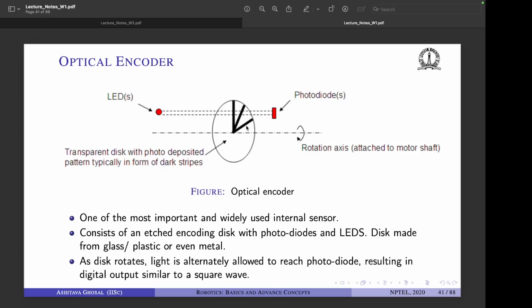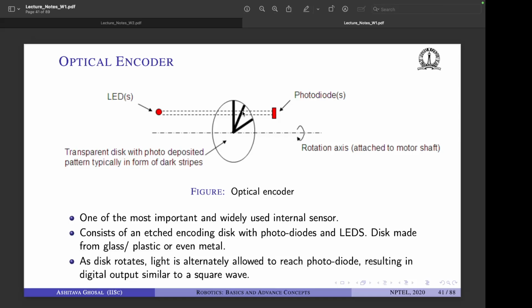So let's say I have 20 of these strips all around the circle. The angle between each of these strips would be 360 by 20, so that's 18 degrees, just a rough example. If the diode gets activated once, that means one strip has passed, so the motor has rotated by 18 degrees.